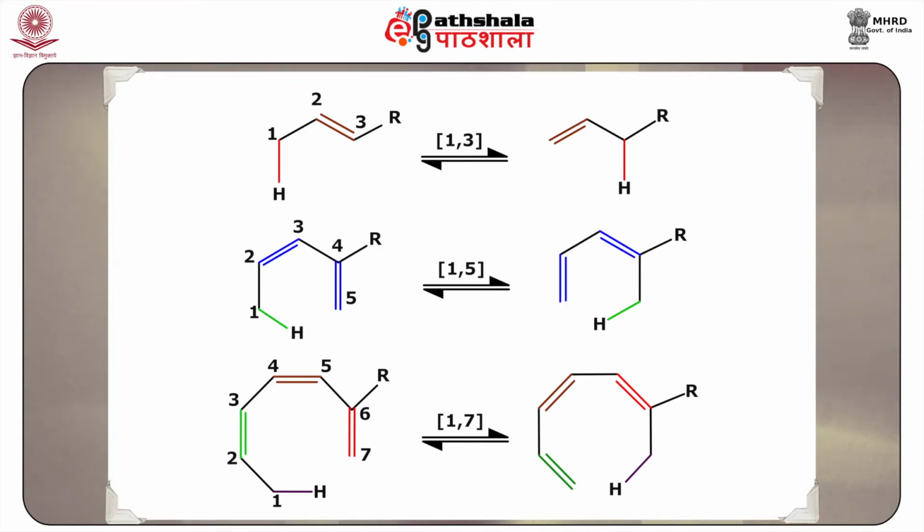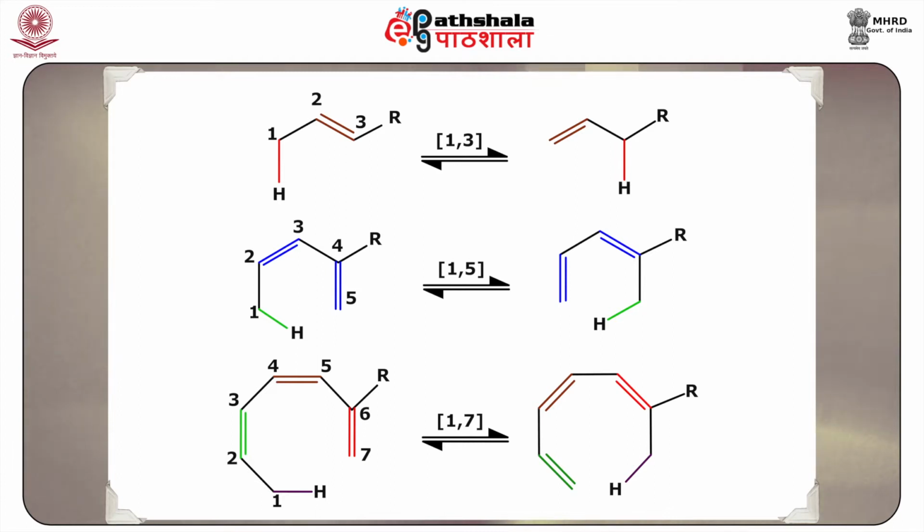Sigmatropic rearrangements [1,n] are common for hydrogen atom shift with known examples of n equal to 2, 3, 4, 5, 6, 7 and even for longer chains.